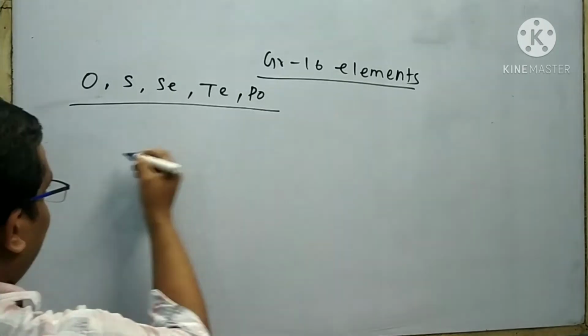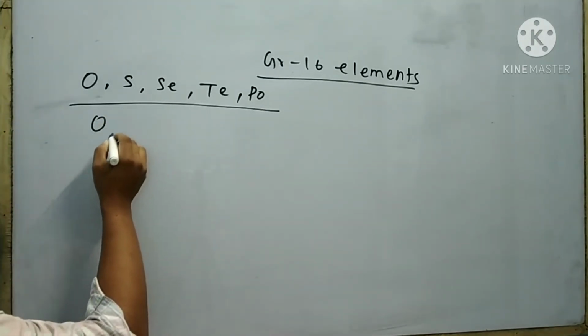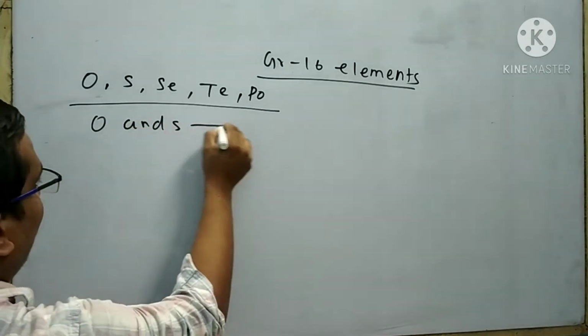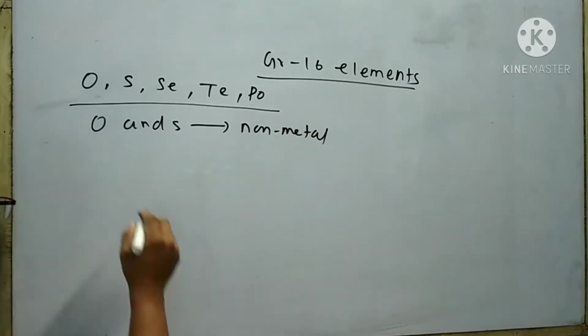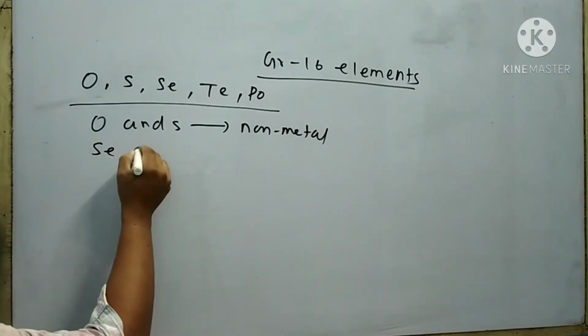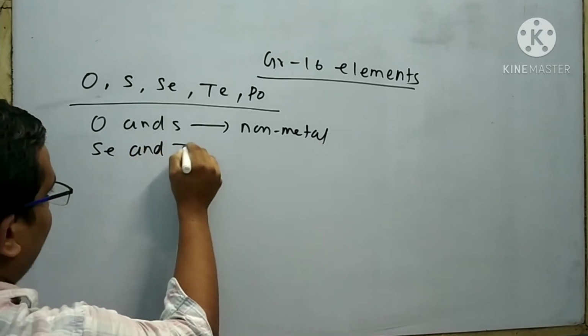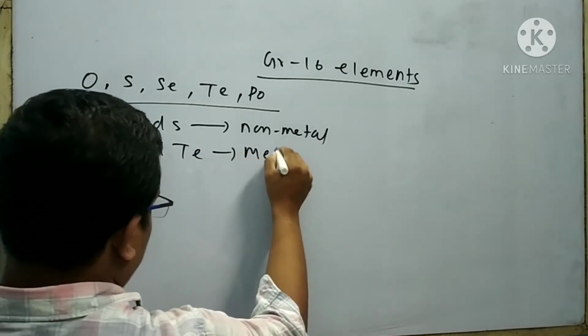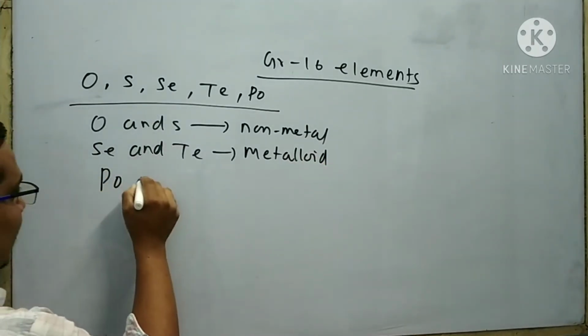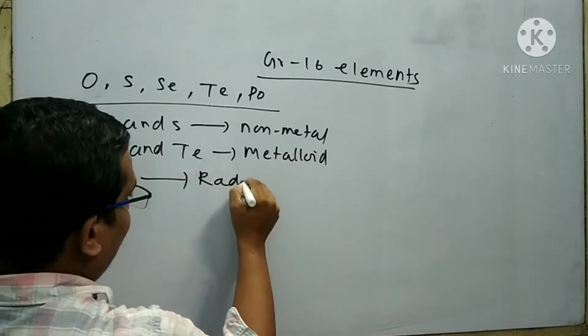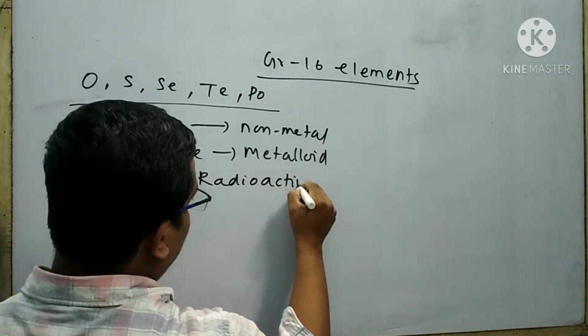Among these elements, oxygen and sulfur are non-metals. Selenium and tellurium are metalloids. Polonium is a radioactive metal.